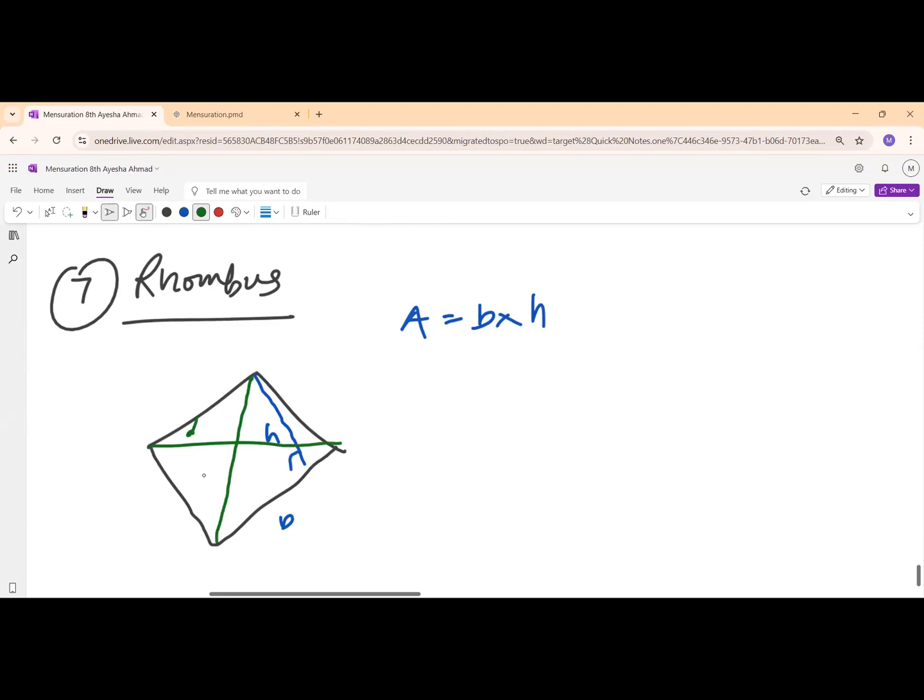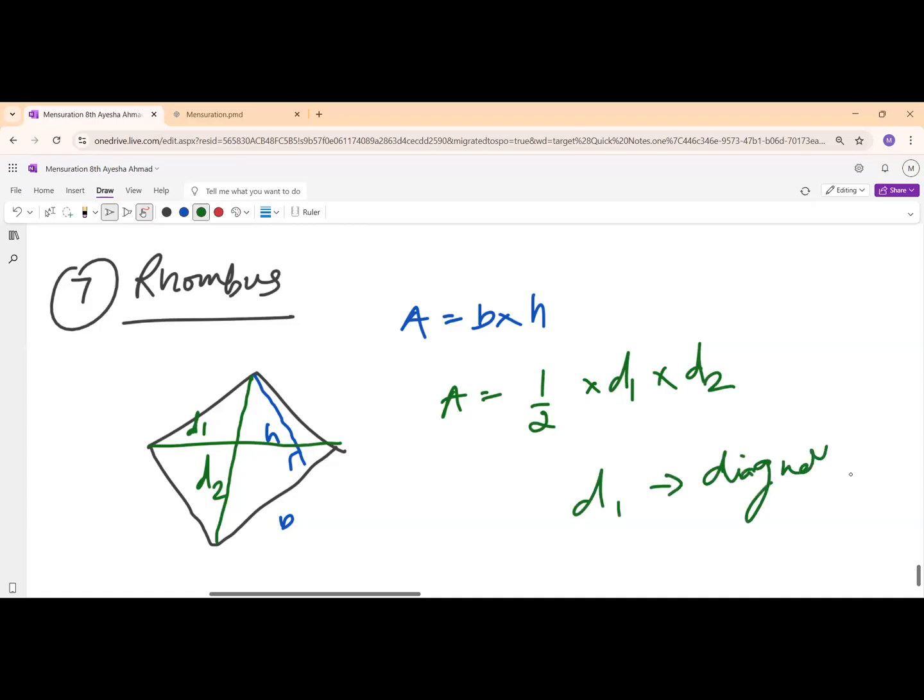So this is d1, diagonal 1, and d2 is diagonal 2. So the area of a rhombus is given by half into d1 into d2. Okay, Aisha? Okay, sir. Diagonal 1 and diagonal 2. Okay, Aisha, write this down and then we are done.